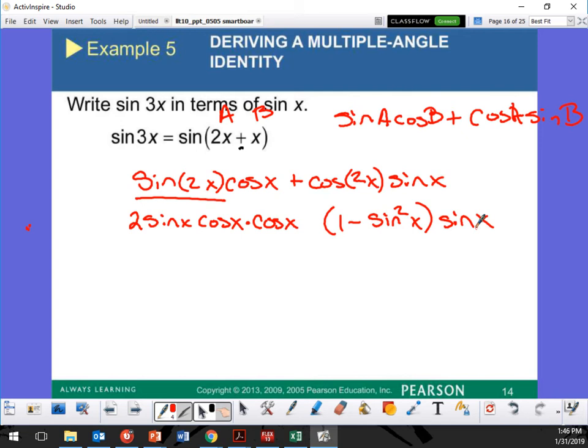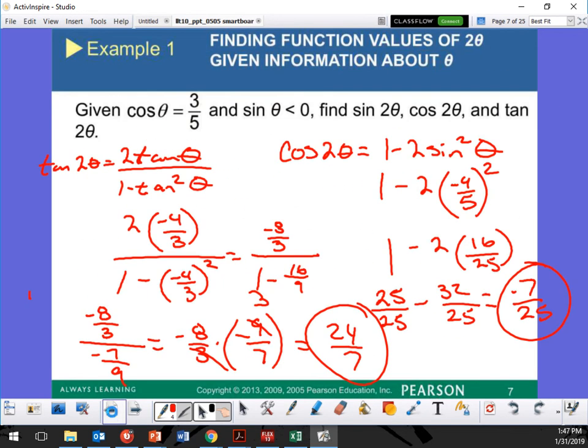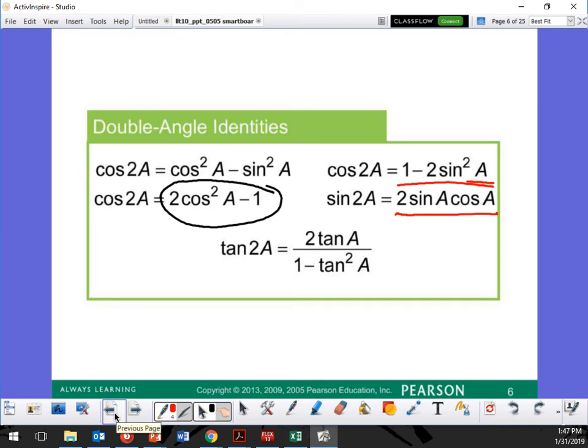Can that be a 2? There should be a 2 right here. Yeah. Are you on the slide? Good job. That's why I asked people to make sure that you have the slides so you guys could actually see it. So it's 1 minus 2 sine squared x, right? This is what I'm doing. 1 minus 2 sine squared.